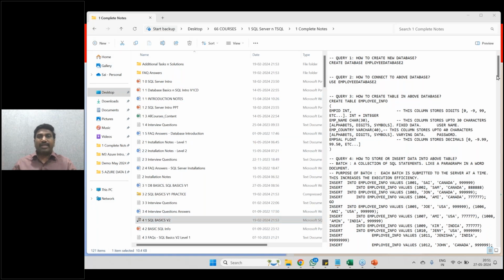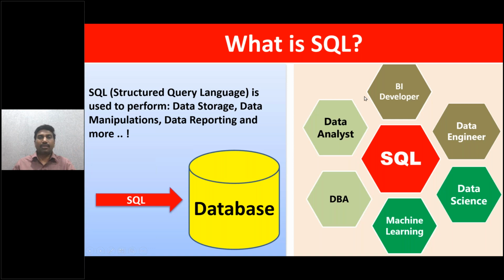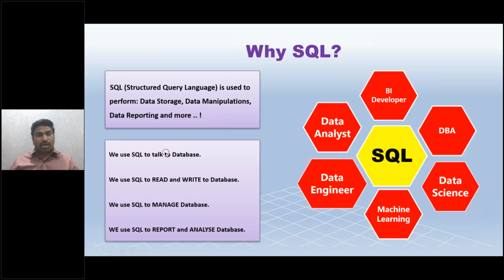Now, why SQL? How to work with SQL? Let's understand slowly. SQL, structured query language. To talk to a database, to read and write to a database, manage, report and analyze a database, we need SQL.